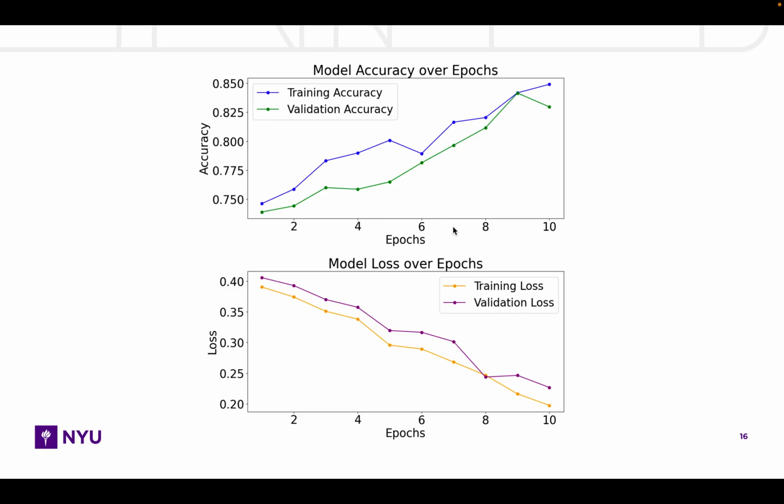As you can see, the validation accuracy was, as expected, a little lower than training accuracy, but pretty significant nonetheless. And the model loss over epochs, validation loss, as expected, was slightly more, but it was what I was expecting.